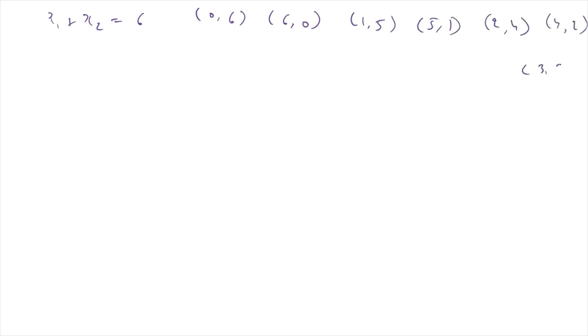And then 3, 3. So these are the 7 possible solutions for this equation x1 plus x2 is equal to 6. Since it is a small equation, we can list down all the possible solutions and then count.